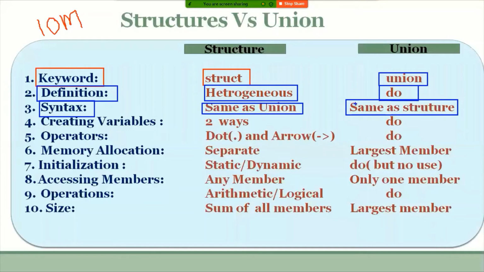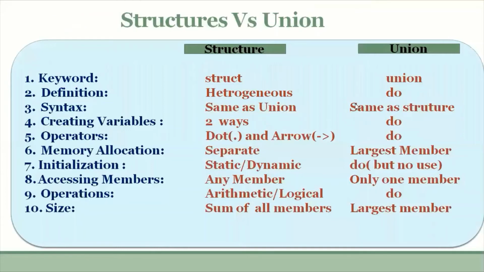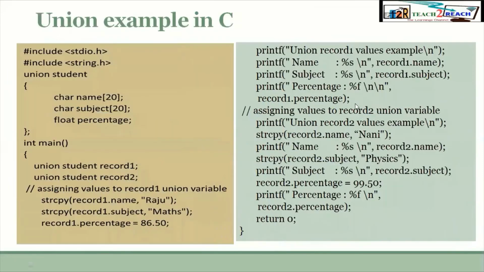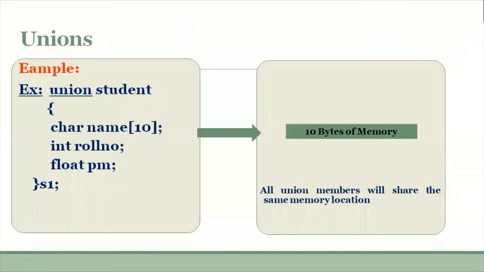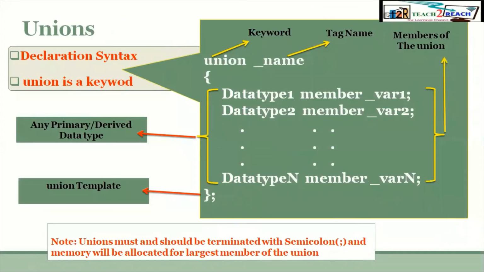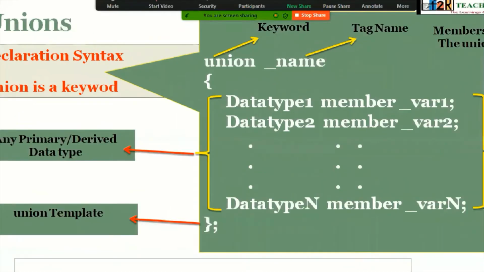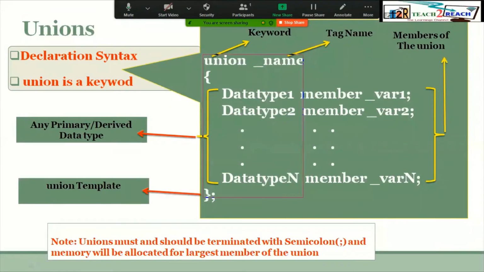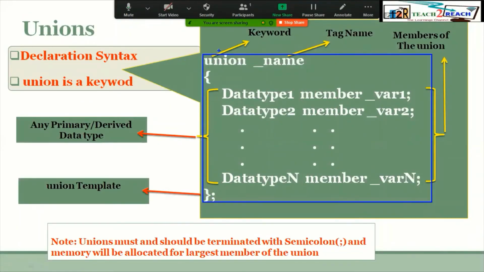Similarly, the syntax of union is also similar to structures, which we already discussed in the previous example. This is the syntax of unions. If you replace this union keyword with the struct keyword, then that will be the structure syntax, remaining as it is.